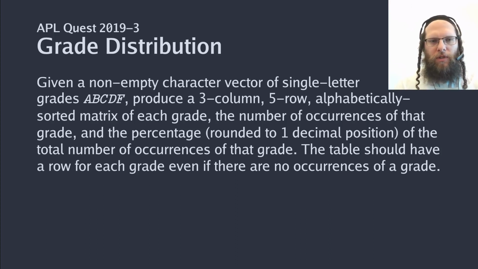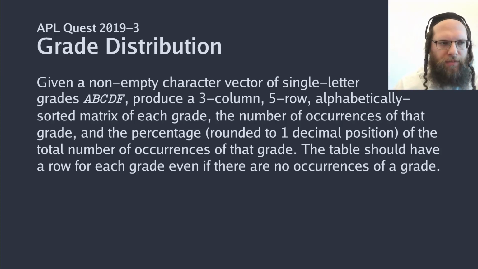The first column is just the grade, and that will go from A to D and then F. And then we have a column that says how many of each there were in the given list of grades. And finally, we want the percentage, but while we do want it as a number, we also want it rounded off to look nice, so up to a single decimal position.